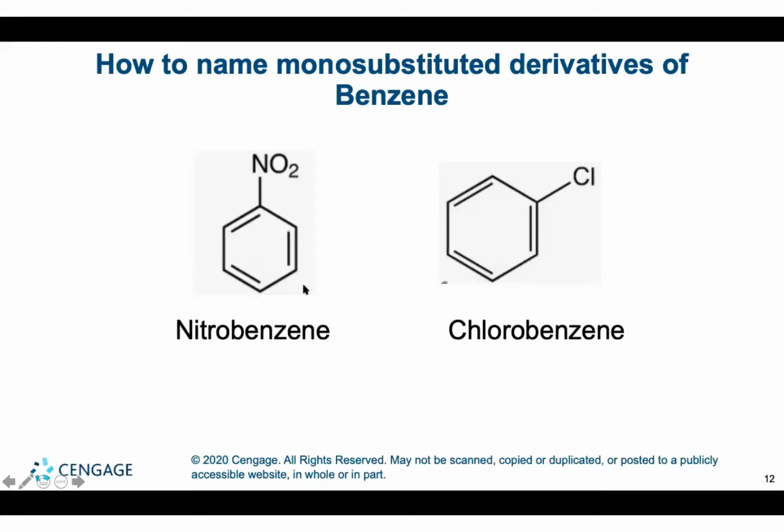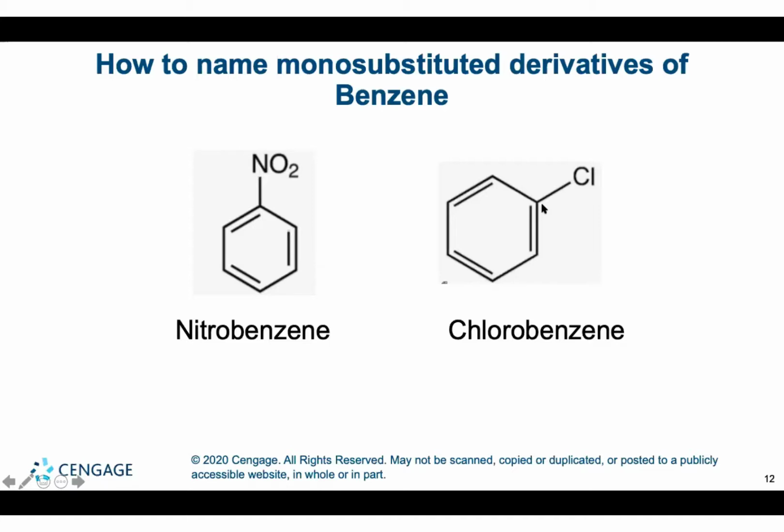So we do the same for benzene derivatives. We put the branch, which we call nitro, and then the name of the compound, which we call benzene. It's going to be nitrobenzene. Also here it's going to be chlorobenzene.